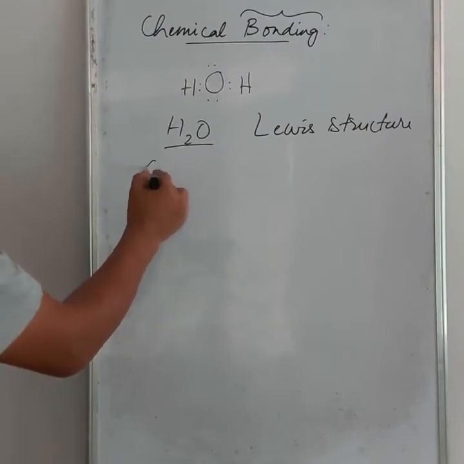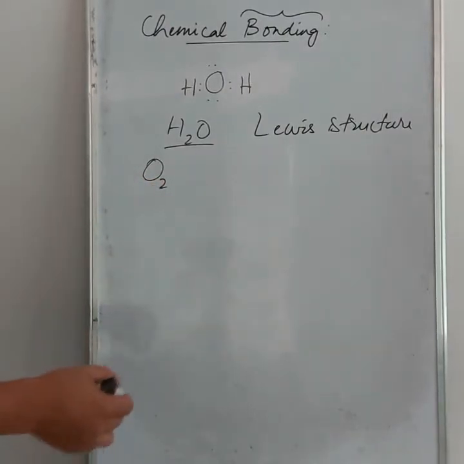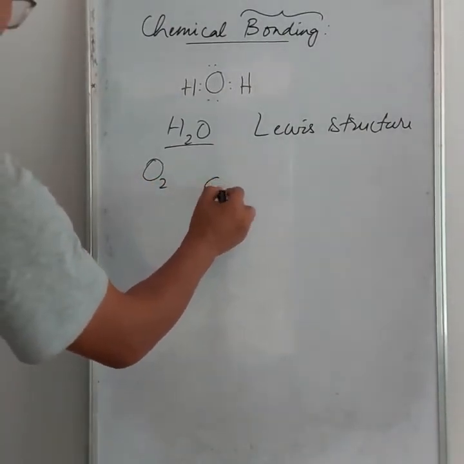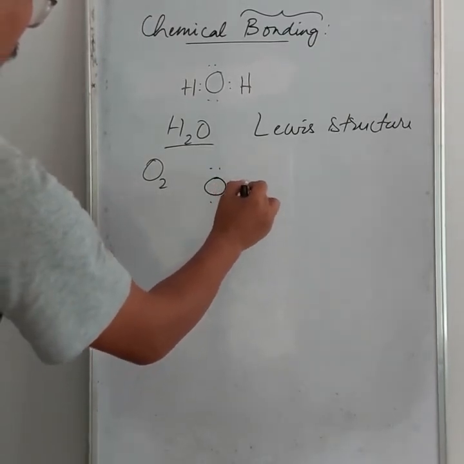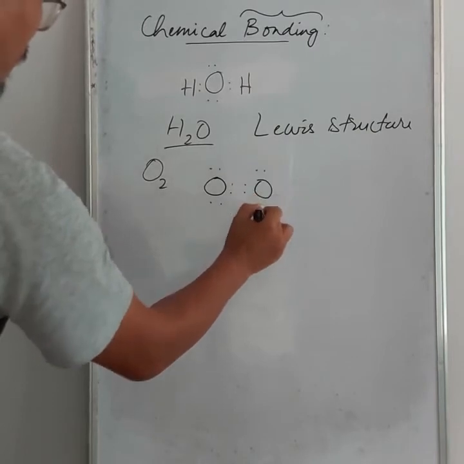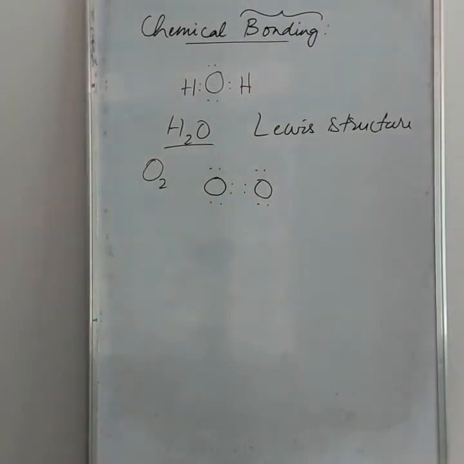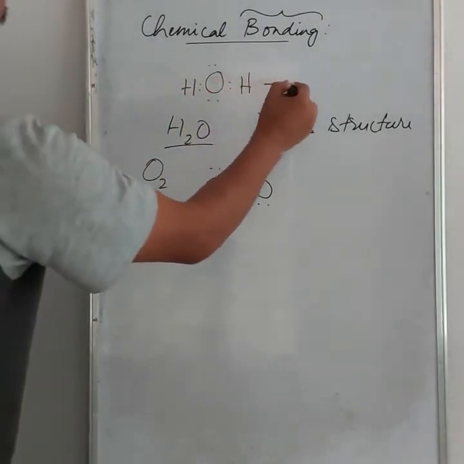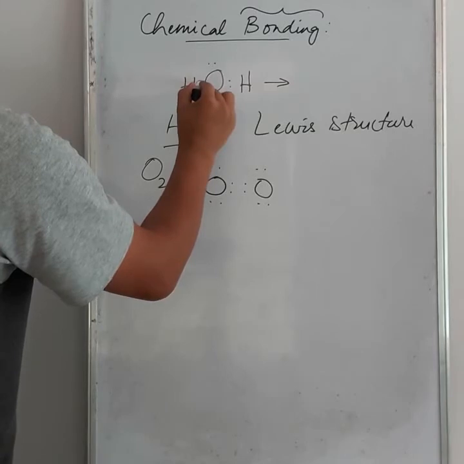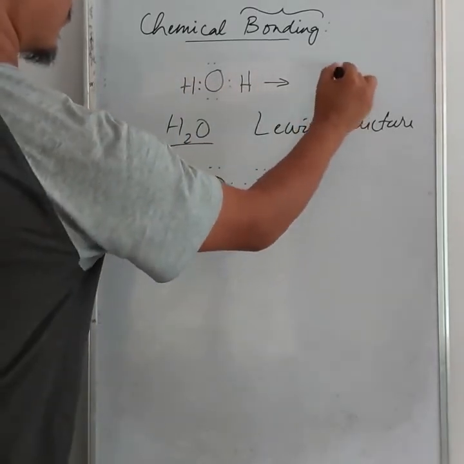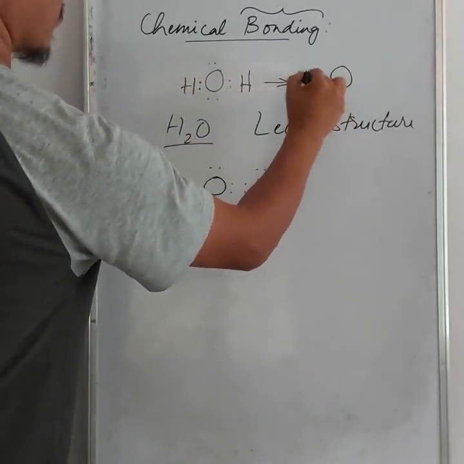Another example, we'll take oxygen. For the oxygen molecule, the Lewis structure is represented this way because, see, these two electrons will share and then make one bond.